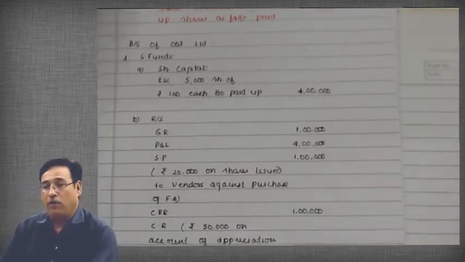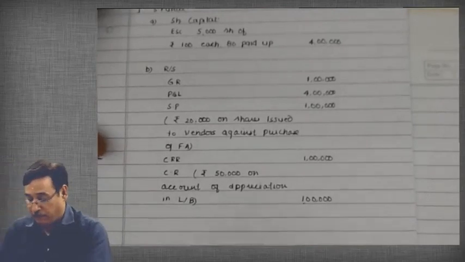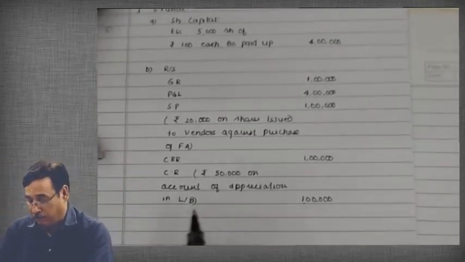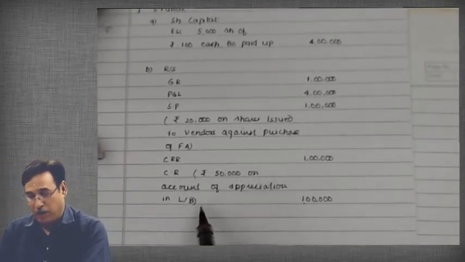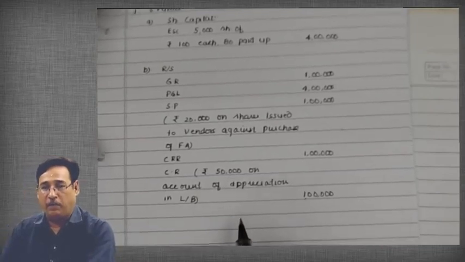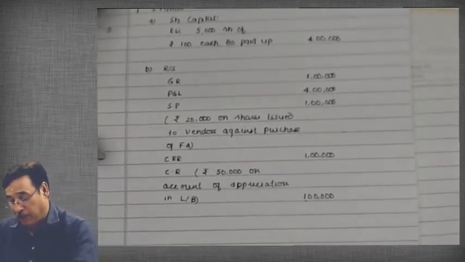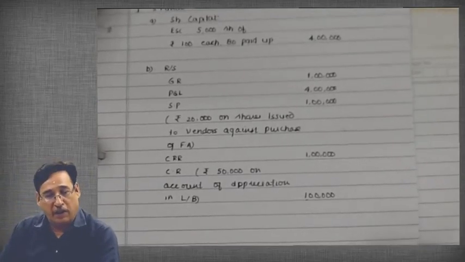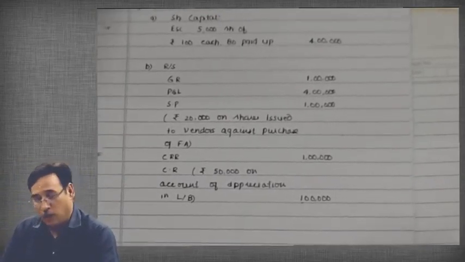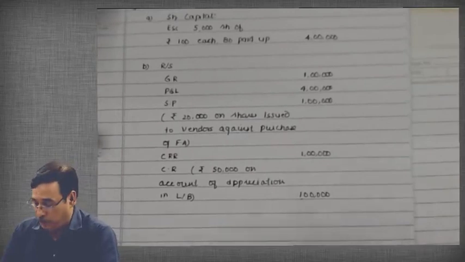So that means out of 1 lakh worth of capital reserve which is appearing in the balance sheet, 50,000 is due to appreciation in land and building. Indirectly it means that 50,000 worth of capital reserve is not realized in cash, so that you cannot use it for the purpose of bonus issue.